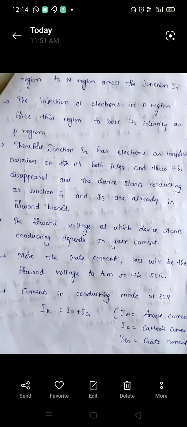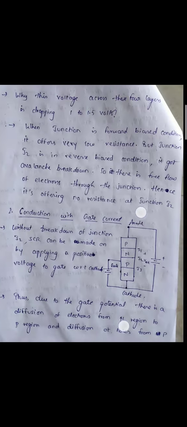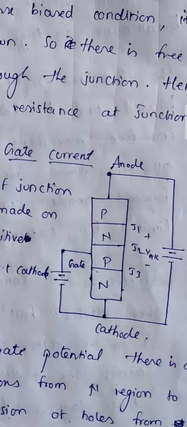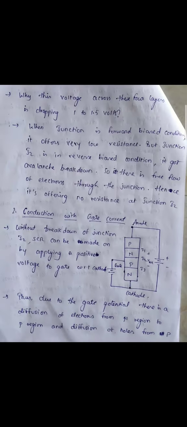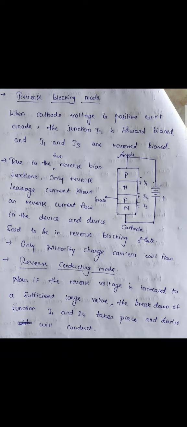We wrote this expression based on the current flow: anode current is entering the p-type region, and gate current is also entering the p-type region. So the sum of these two currents equals the cathode current. That's what we have written here.